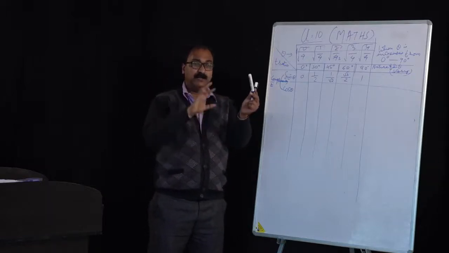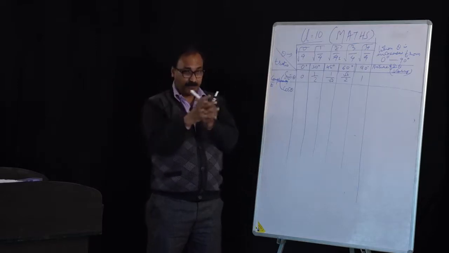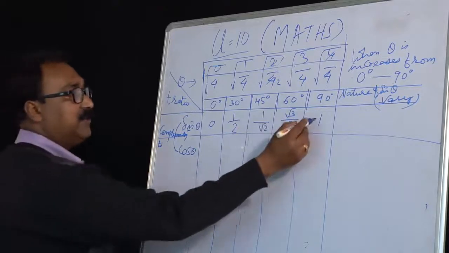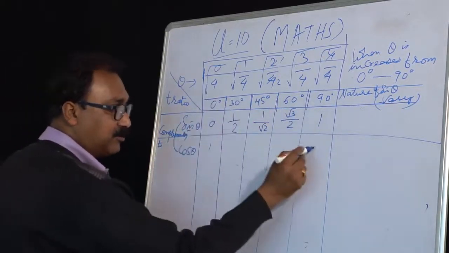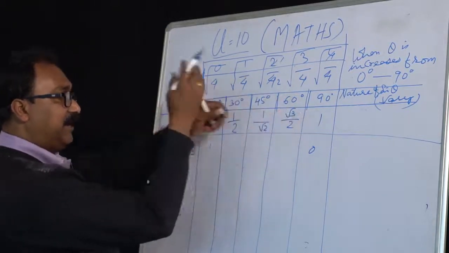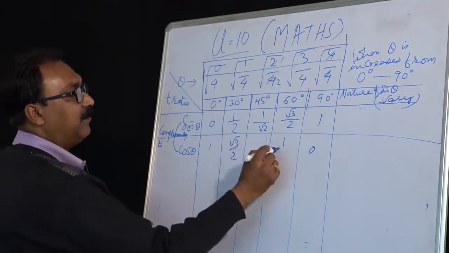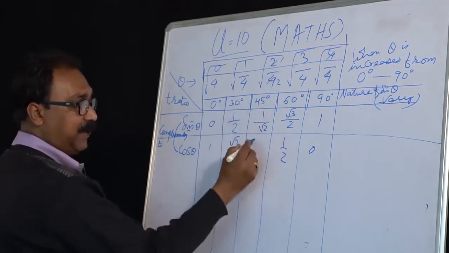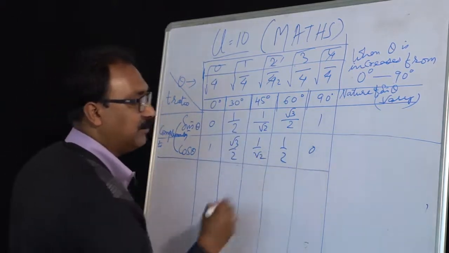If one value is 30, the other value will be 60. 60 and 30 they exchange because we take 90. 45, 45 also 90. Look at here. So this 90 plus 0, 90. So 1, then there is also 0. They exchange their values. Root 3 by 2, this is 30 plus 60, 90. That means they can exchange. That's why they are complementary. And 1 by root 2, 45, 45 same, 90. So 1 by root 2. That way we can easily find cos theta.